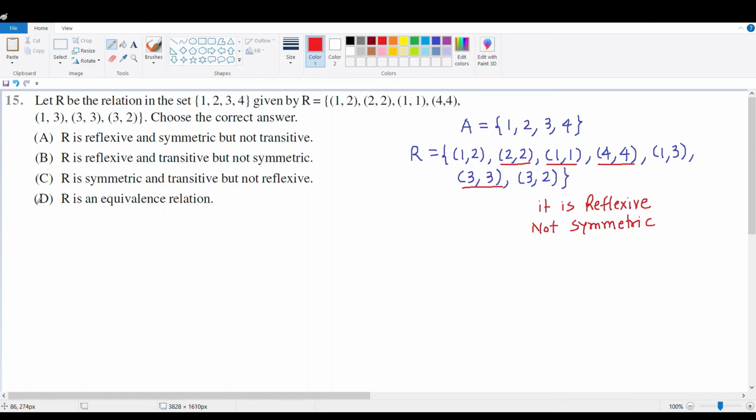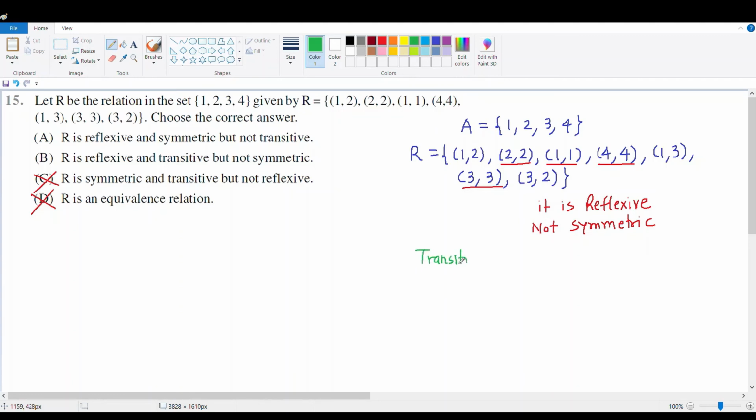So R is reflexive, but not symmetric. Let's check for transitive, and then we can be sure which option it is.